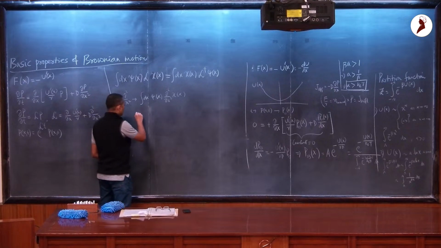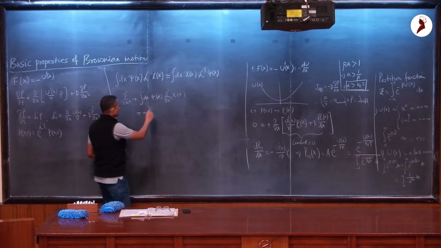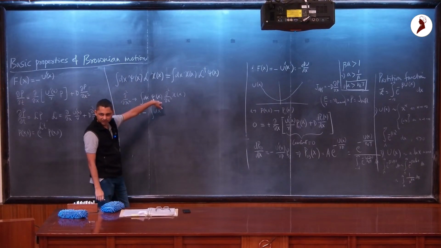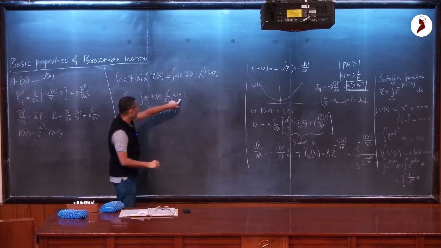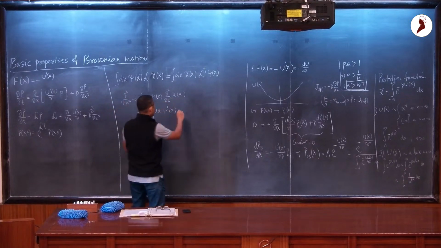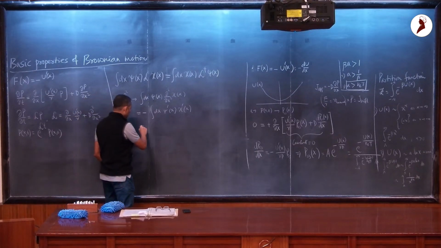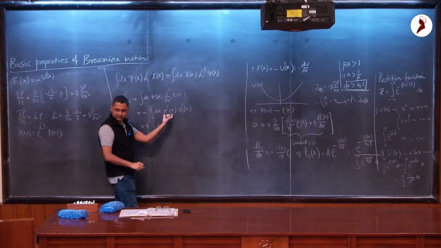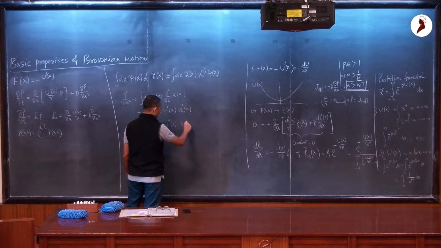So if you integrate by parts once, the boundary term vanishes, then minus integral dx, the derivative of this is psi prime x, the integral of this is chi prime x. Now you do one more time.